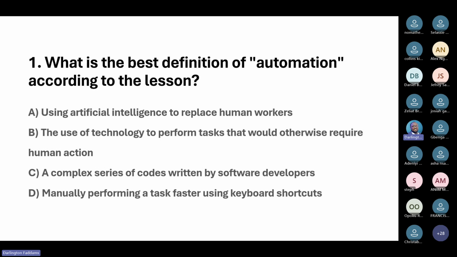The first one says using artificial intelligence to replace human workers. Second one says the use of technology to perform tasks that would otherwise require human action. And C, it says a complex series of codes written by software developers. And D, manually performing a task faster using keyboard shortcuts.